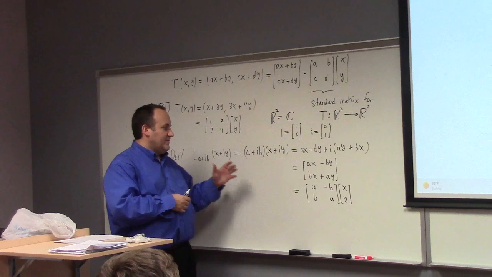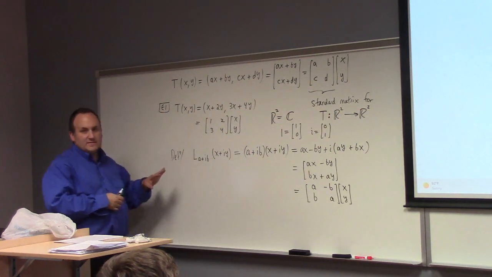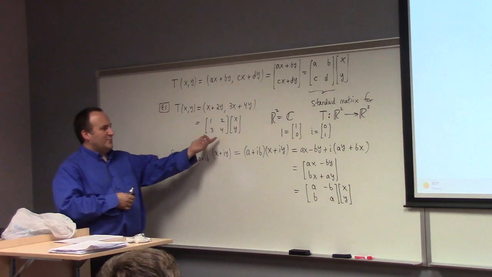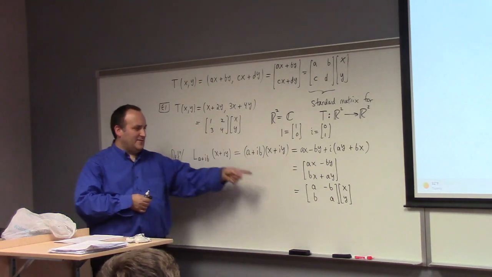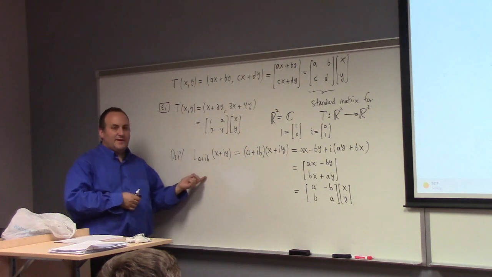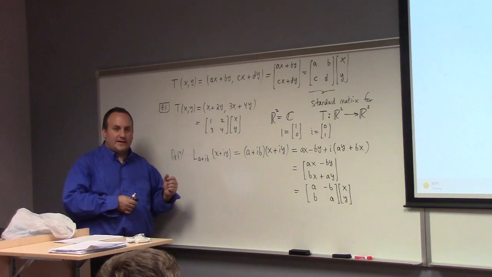Does every linear transformation on the plane look like this? Well, no, right? Look at this one right here, [1, 2; 3, 4]. Is that the same pattern as that? Certainly not. So if your mapping is defined by complex multiplication, it's a very special kind of map.